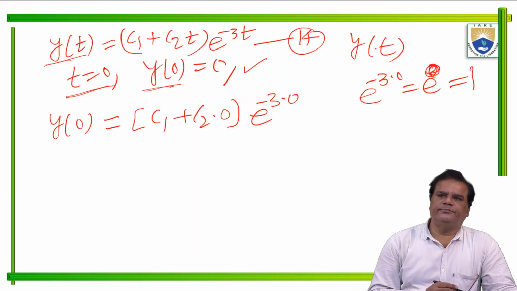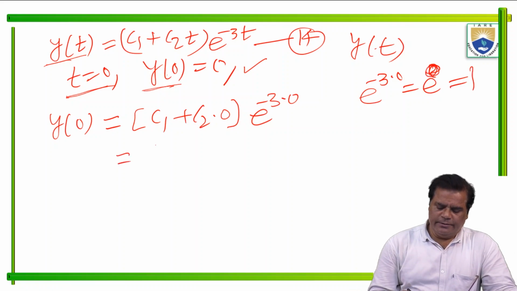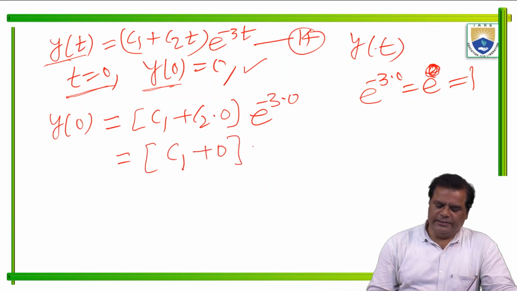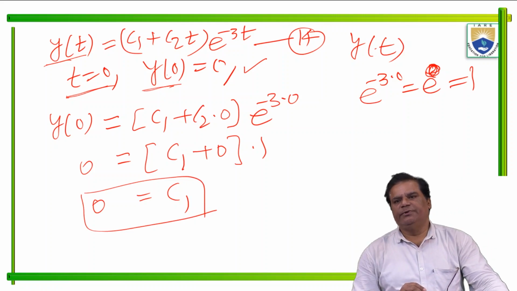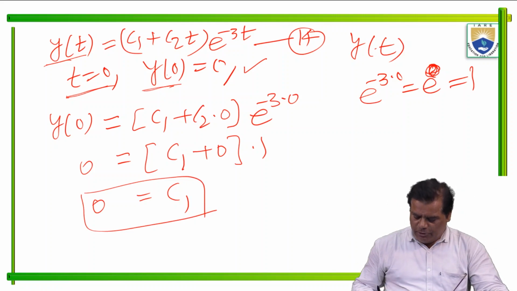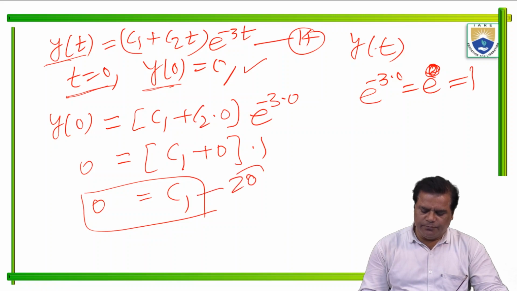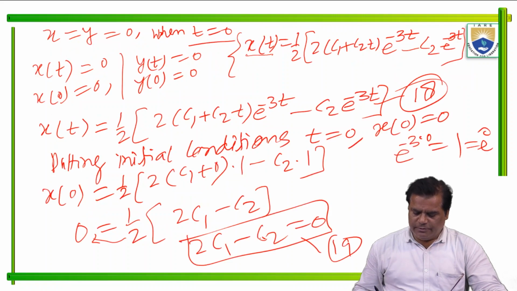So writing c1, plus 0 into 1, so y(0) is 0 gives c1 is 0. C1 is 0.